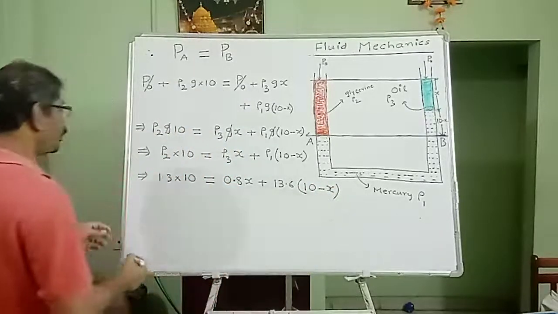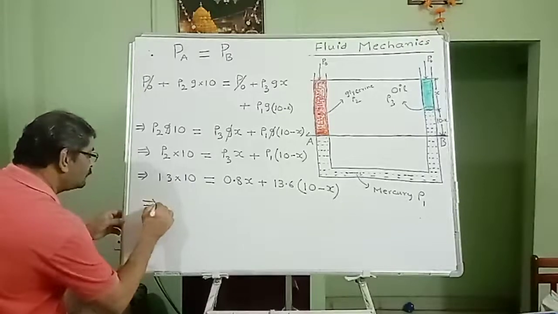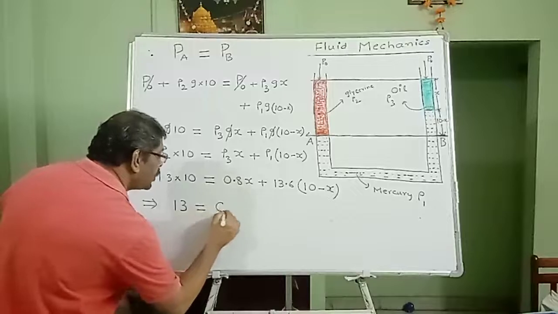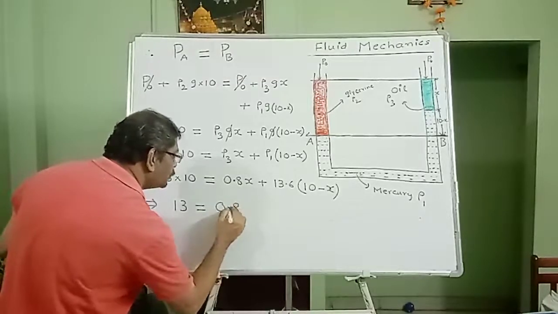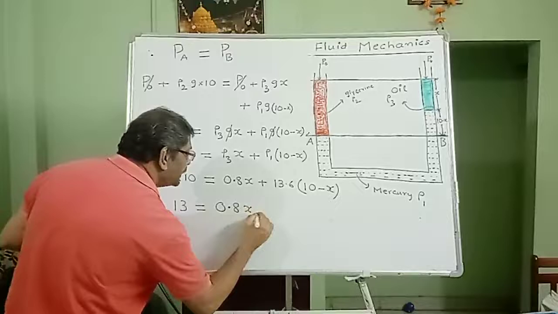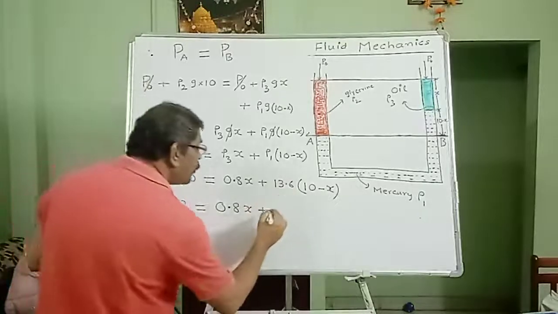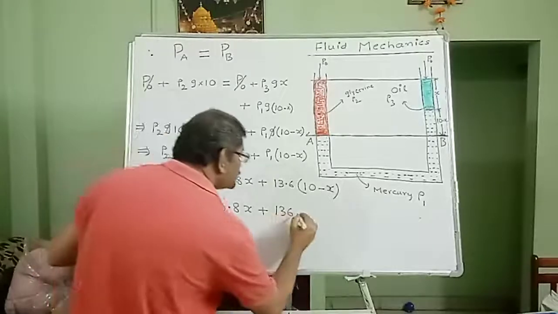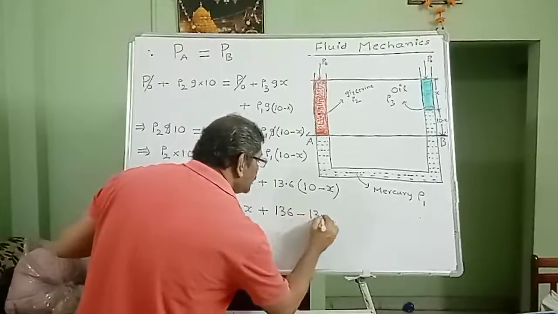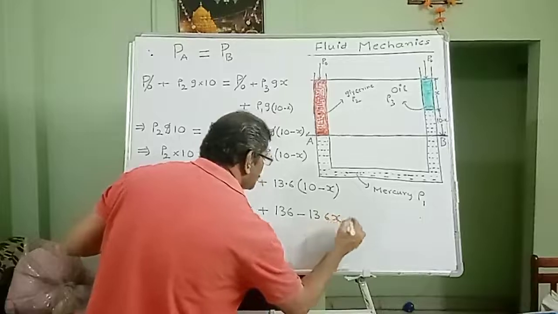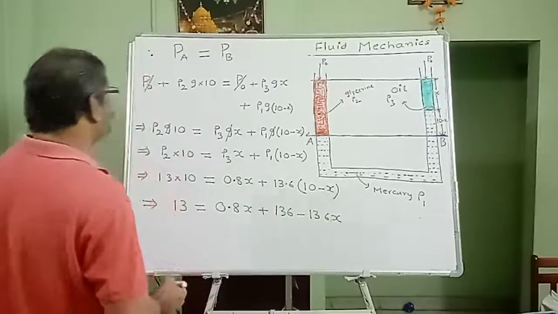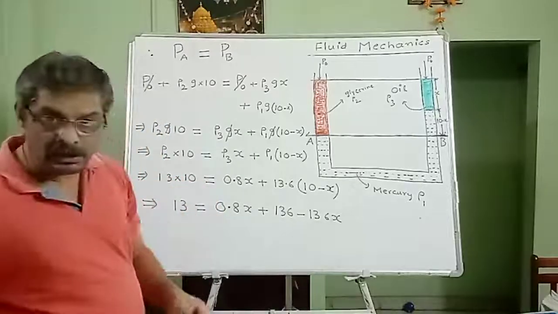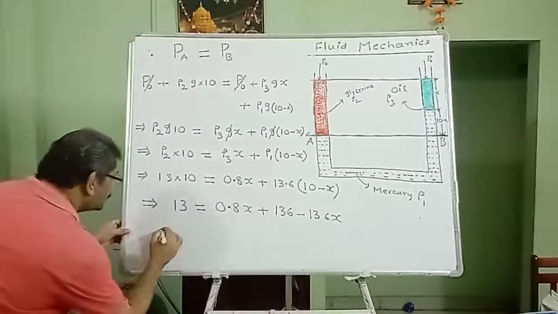Now just open up the bracket. So what we are going to get? We are going to get 13 will be numerically equal to 0.8x plus, if I open the bracket, I get 136 minus 13.6x. Now this can be further simplified.